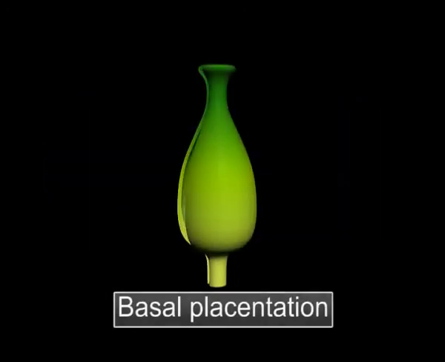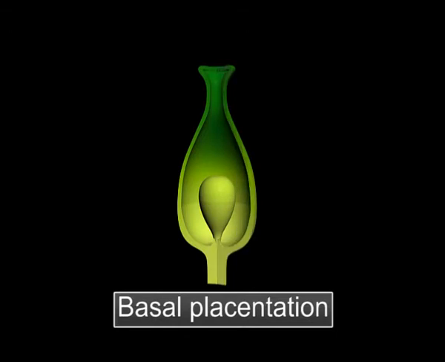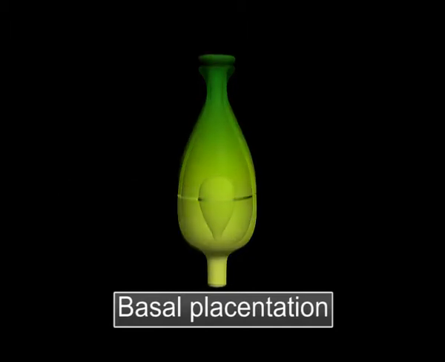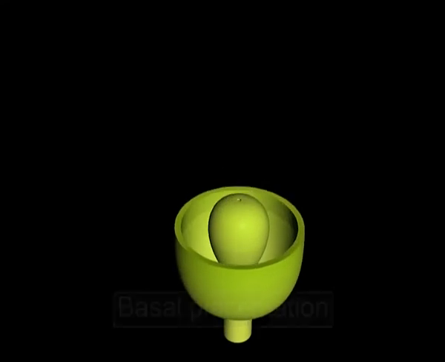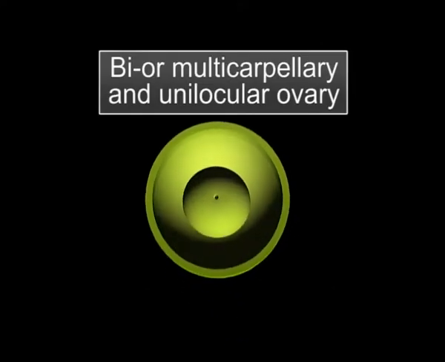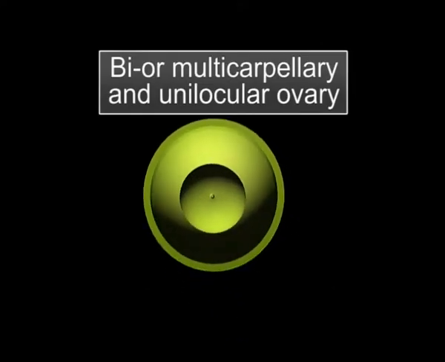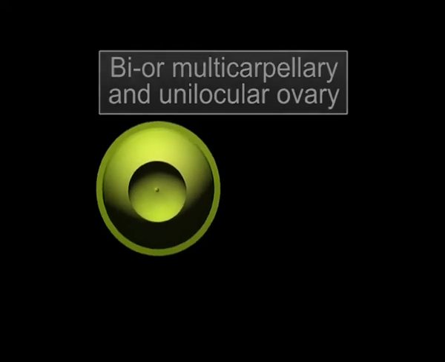The next type of placentation is basal placentation. In this type of placentation, one or few ovules develop directly from the torus at the base of a simple or compound ovary. Basal placentation occurs in bi- or multicarpellary and unilocular ovary.